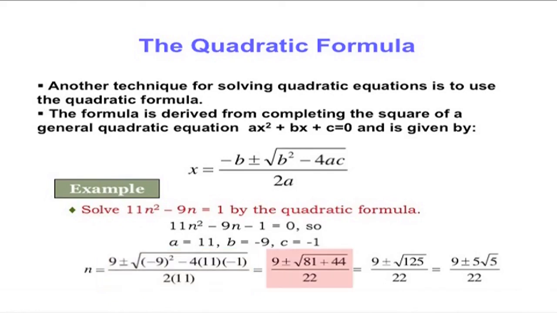You will find 9 plus minus under root 81 plus 44 upon 22, which gives 9 plus minus under root 125 upon 22, and you will get 9 plus minus 5 root 5 upon 22.